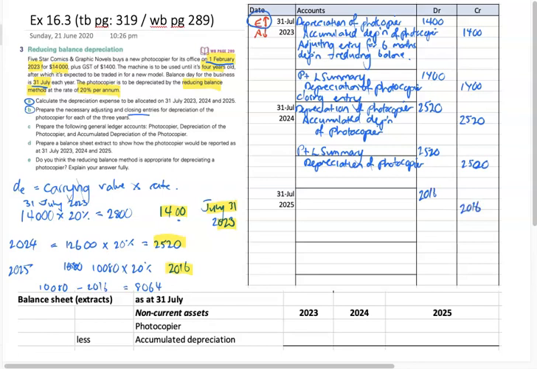$2,016 here. We've calculated it from here. Again, the same entries, depreciation of photocopier, accumulated depreciation of photocopier.